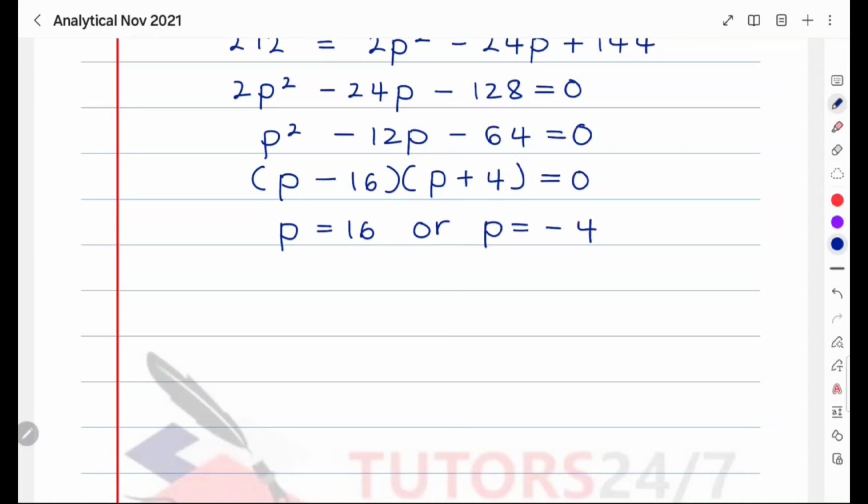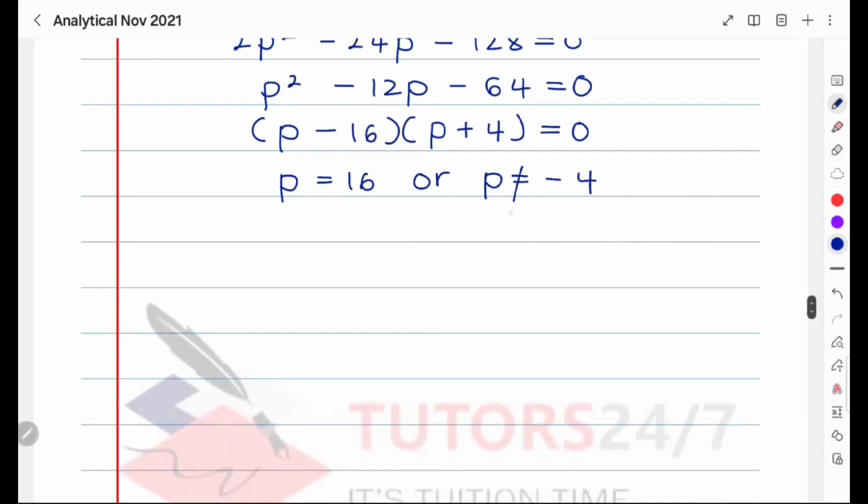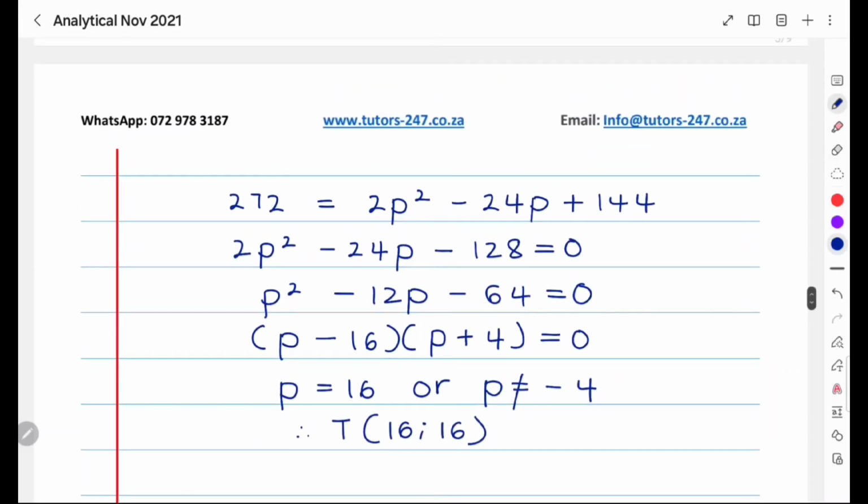Keep in mind it was stated that p has to be greater than 0, meaning that p has to be positive. So we now know that p is equal to 16, not negative 4. So we can therefore state that the coordinate of T, which is p and p, is equal to positive 16 and positive 16. So that is it.